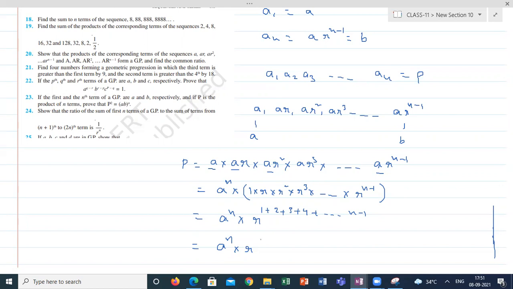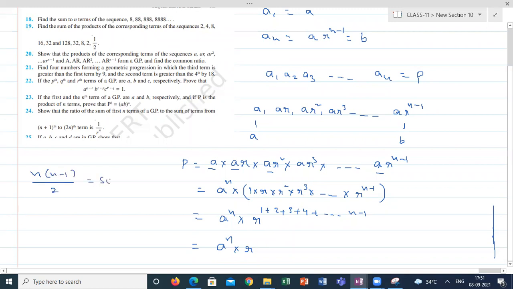What is the value of the sum of the n minus 1 terms? n into n minus 1 by 2. n into n minus 1 by 2 is the sum of n terms. Yes, sir, I am asking the sum of n minus 1 terms. So n minus 1 into n minus 2 by 2. Correct? Yes, sir.